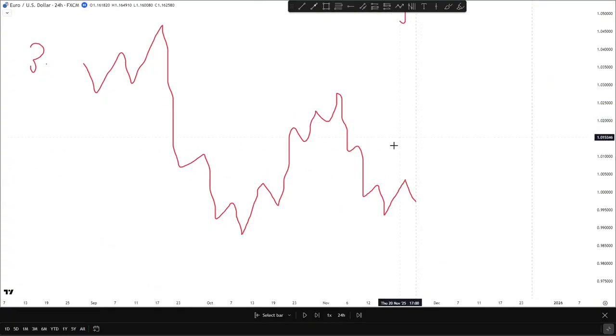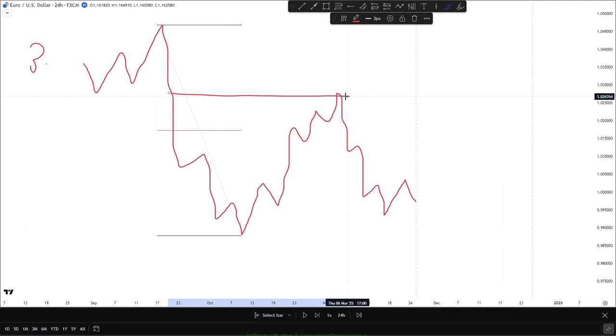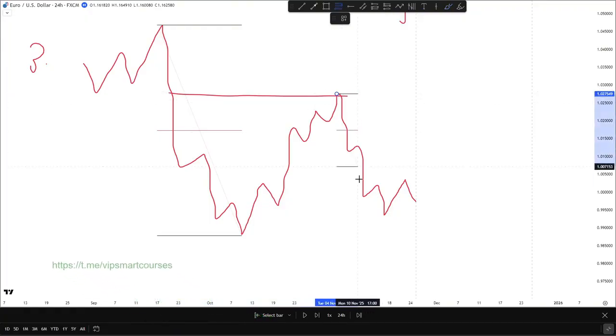Okay, so the third scenario is the one that we had this past week, which is that we've already rebalanced this dealing range last week, and we also tested a premium key level within it. But what happened is that now we formed a micro dealing range on the intermediate time frame.